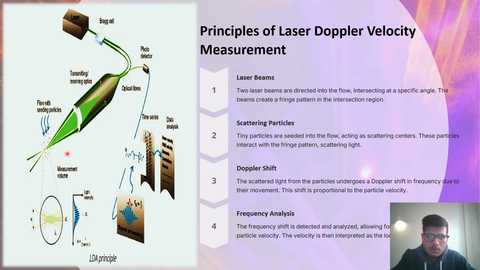It is directly proportional to the particle velocity, and from here we get the frequency from the signal processing. This signal can be in a time series, or in another form as well.